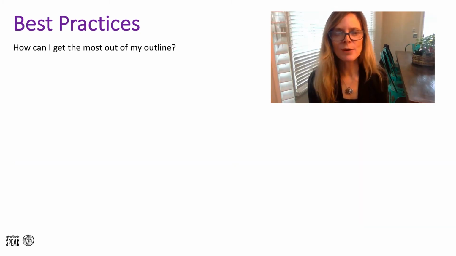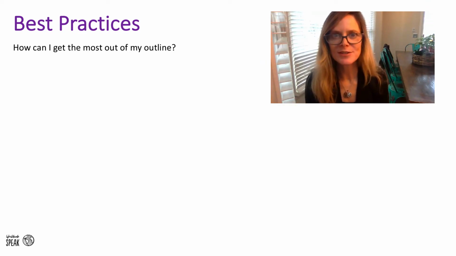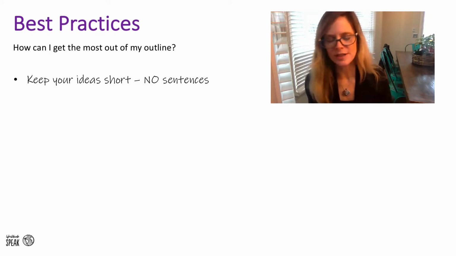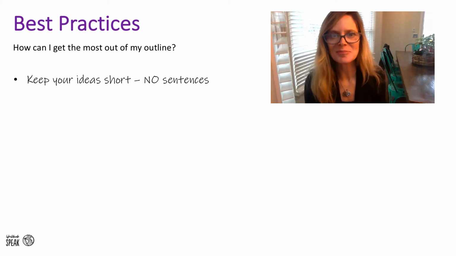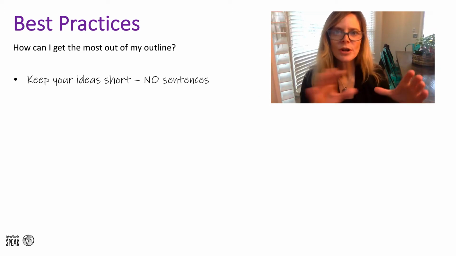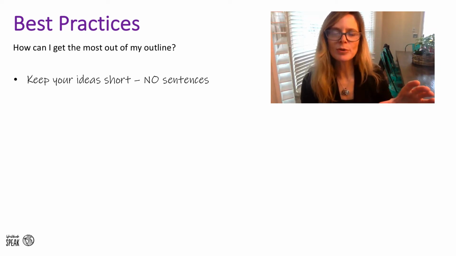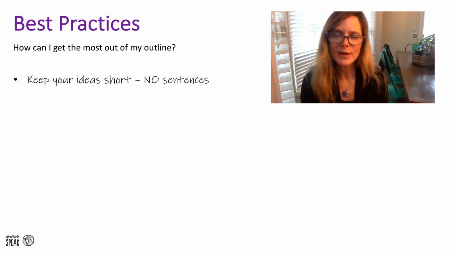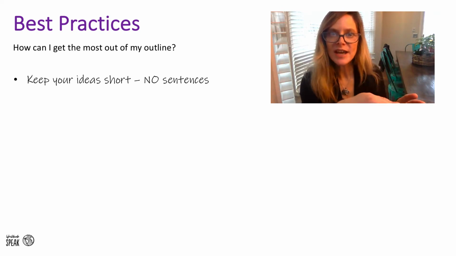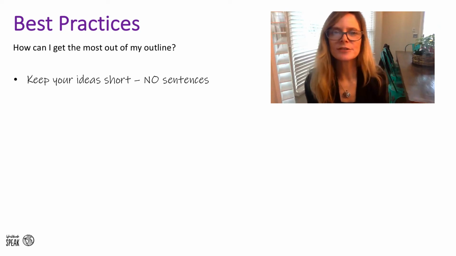Okay, how do I get the most out of this outlining process? What are some of the best practices? Well, in my opinion, I would keep your ideas short, no sentences. I just said that the last slide, but it's really important. When you're organizing your paper and putting it in an outline format, just jot down or write down a couple of words for the ideas that you have.